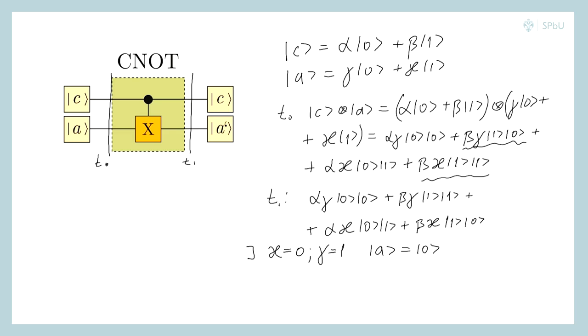And after performing the CNOT transformation, at the moment t1 we have the state alpha gamma 00 plus beta gamma 11.